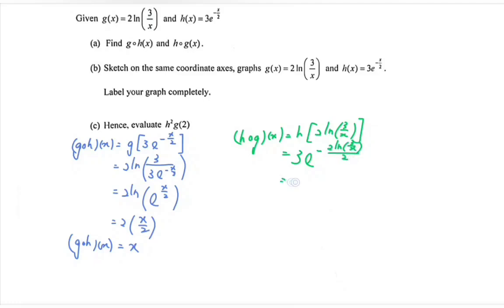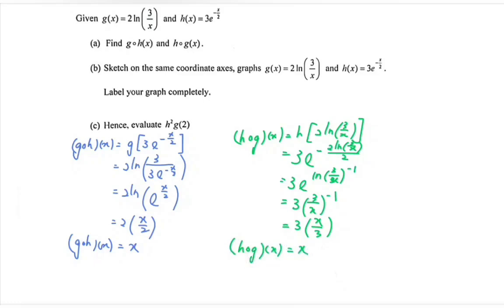So if we simplify, we will have 3 exponent the ln of (3 over x) to the power of negative 1. So if we simplify, we have 3 times (3 over x) to the power of negative 1. So meaning that we have 3 times (x over 3). So h composed with g, we have x.